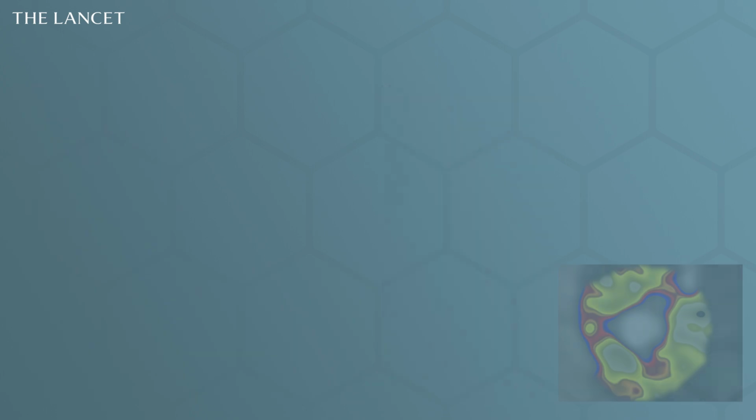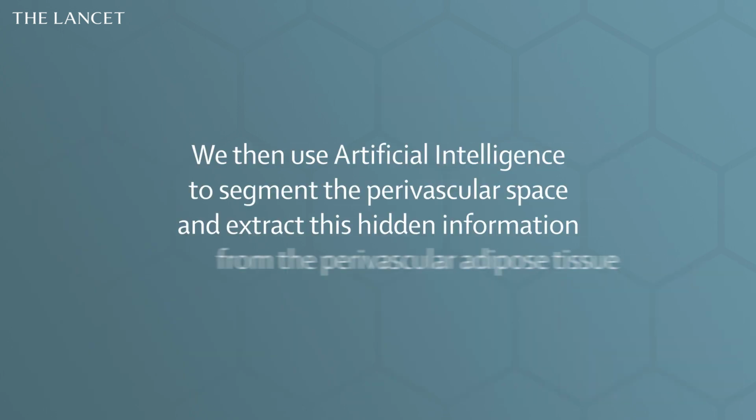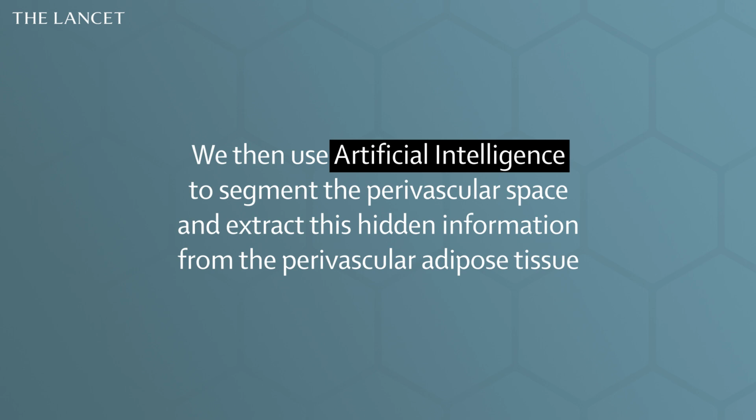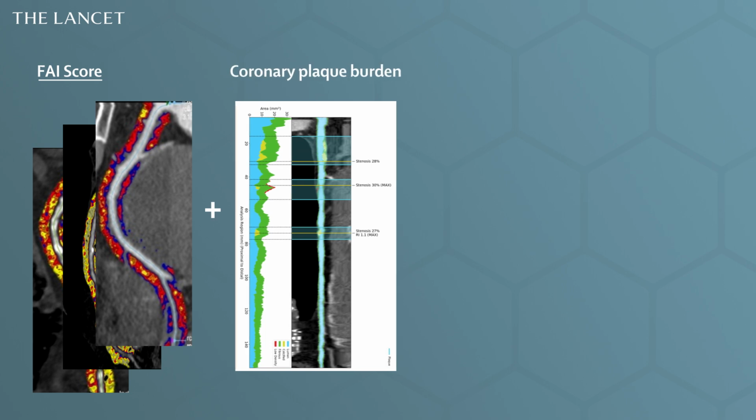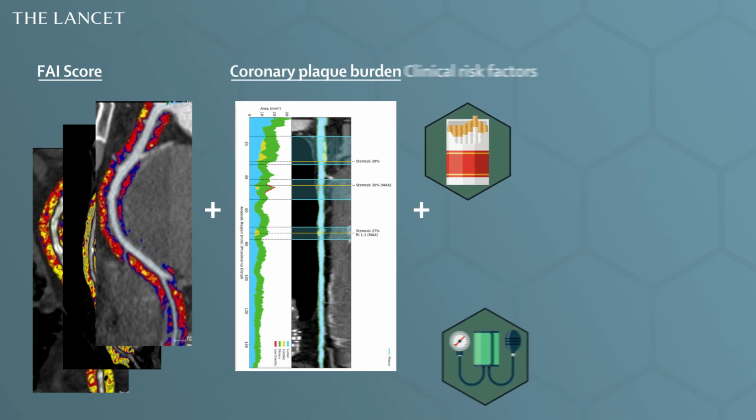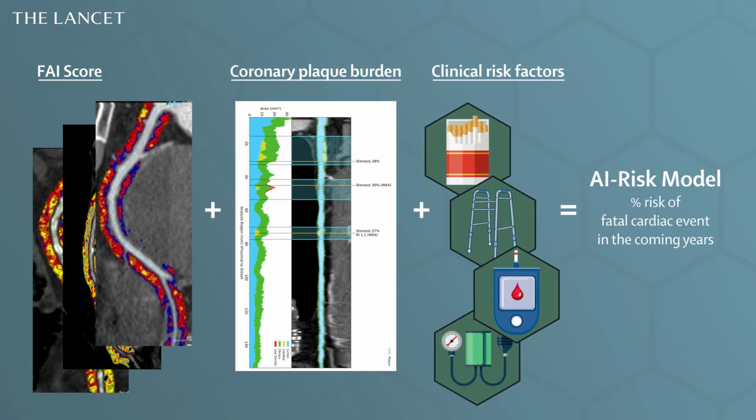Based on this technology, we then developed a cloud-based digital medical device that uses artificial intelligence to segment the perivascular space and extract this hidden information from the perivascular adipose tissue. And by combining it with information about the extent of the coronary atherosclerosis and the patient's clinical risk factors, it provides the percent risk of the individual to experience a fatal cardiac event in the coming years.